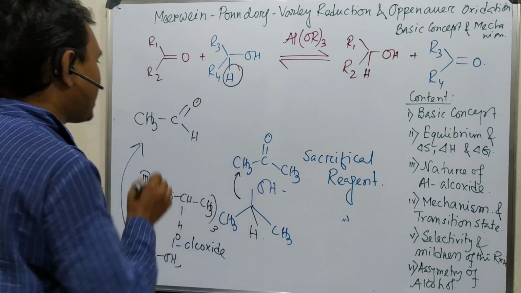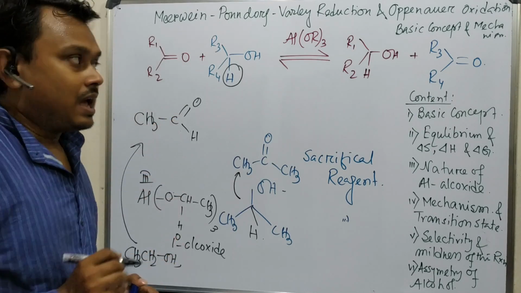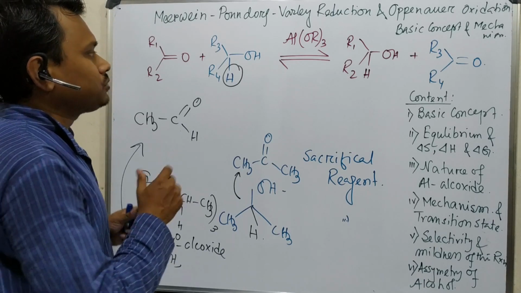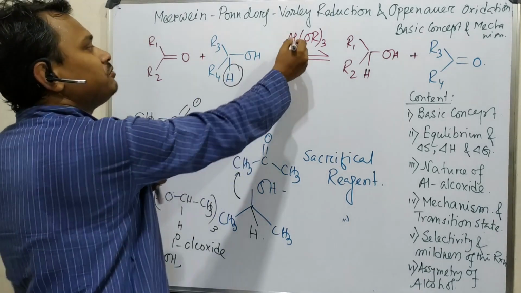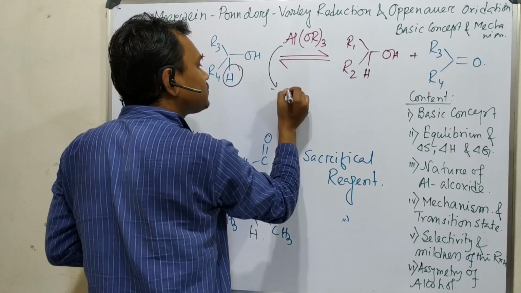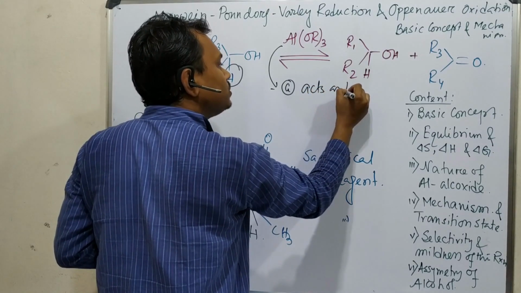Now if you compare the two, the difference is one ketone versus an aldehyde. To understand this completely, you need to understand one point: the role of this aluminium alkoxide. Its role is, first, that it acts as a Lewis acid.